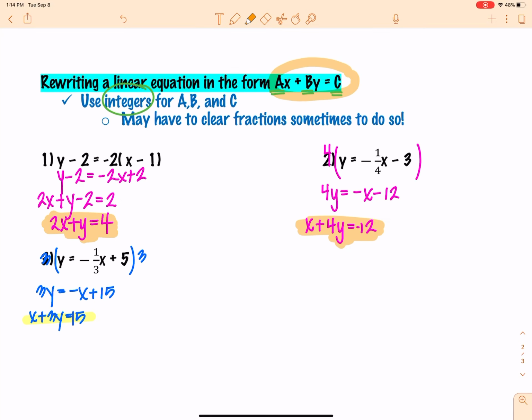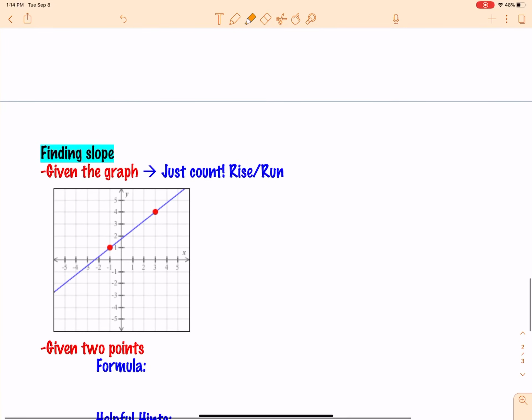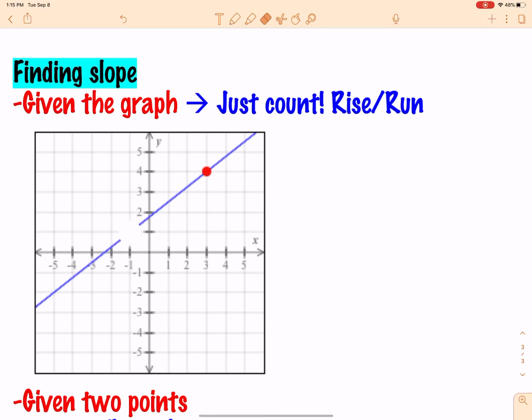All right, so now we're going to deal with slope, or I should say review slope, because we should all know how to find the slope of an equation, especially given a graph and given 2 points. So given a graph, I think we know we're just going to count how many times you go up and over. So for example, on this one, you start at the bottom, and we're going to go up 3 over 4.